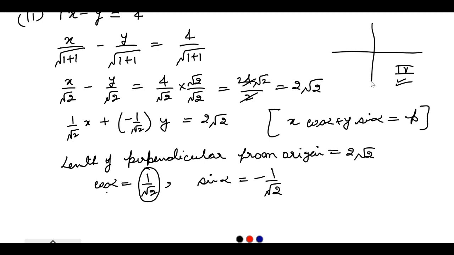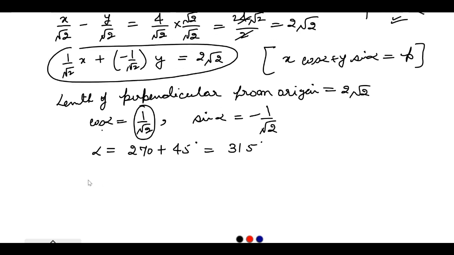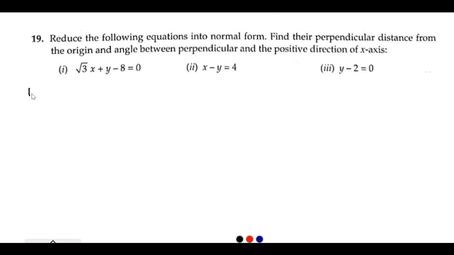It means alpha will be 360 minus 45 or 270 plus 45, that is 315 degree, and you can write this equation as x cos 315 degree plus y sin 315 degree is equal to 2 root 2. This is p and this is alpha. Third part.